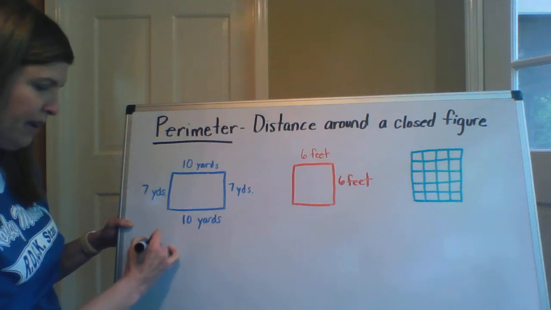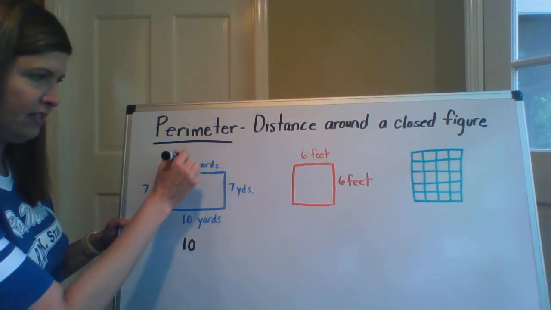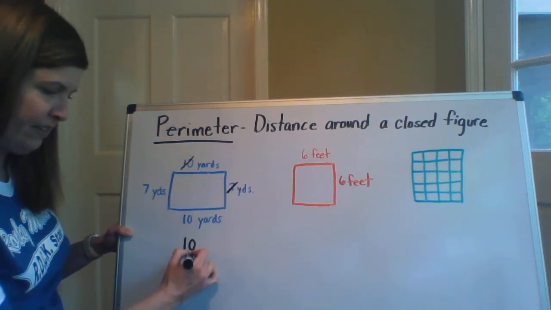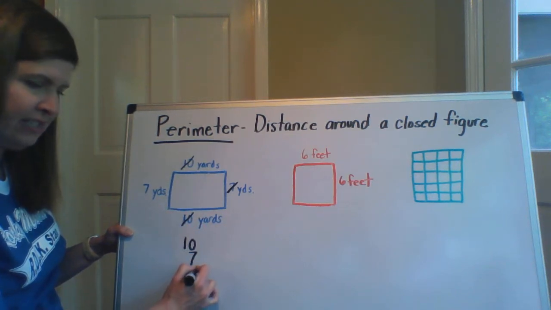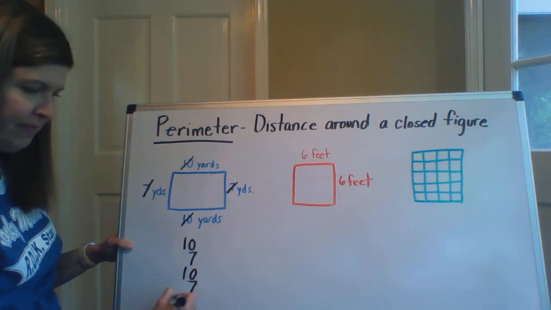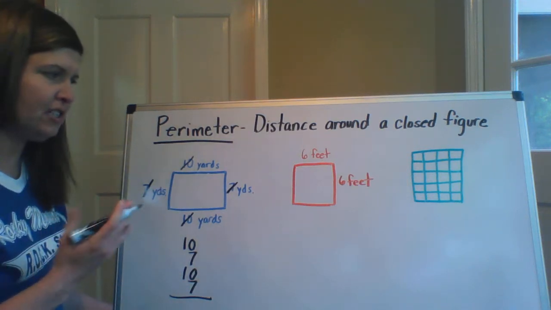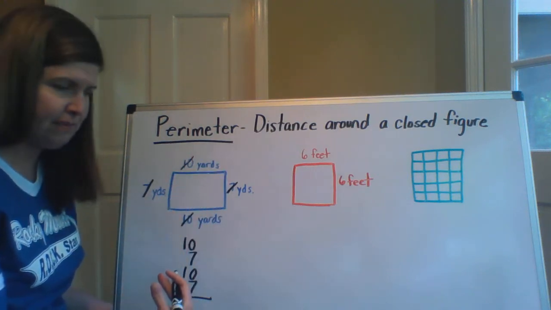So what we're going to add together is 10 yards, and I'm going to cross that out after I put it down, 7 yards, and then add 10 yards and 7 yards. I cross them out. That's just a little thing that I do to help me realize that I've already written it down here because I'm transferring it.